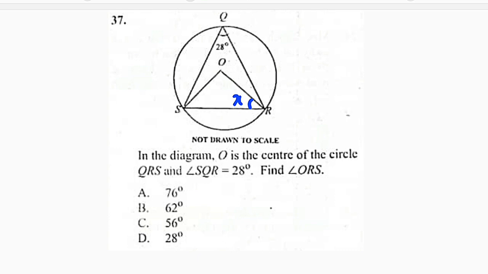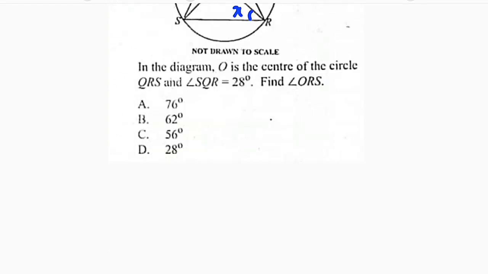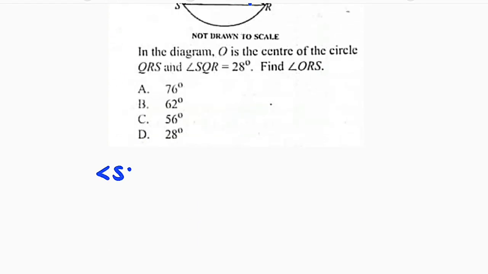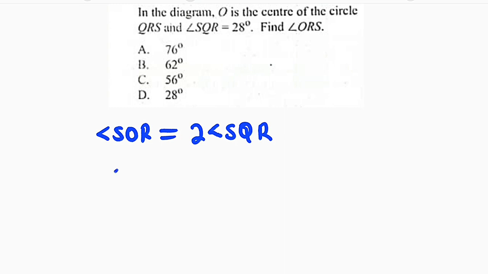So angle SOR is twice which angle? Angle SQR, and angle SQR is 28. So therefore angle SOR is equal to 2 times 28, which is 56, right?